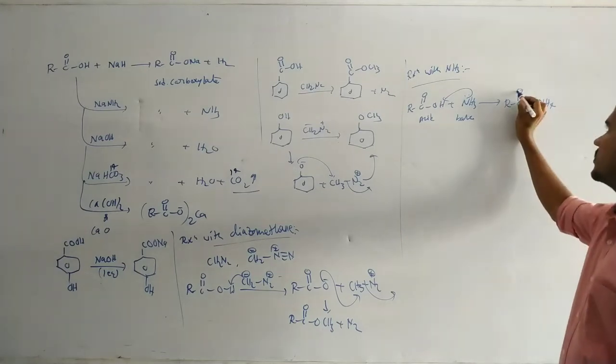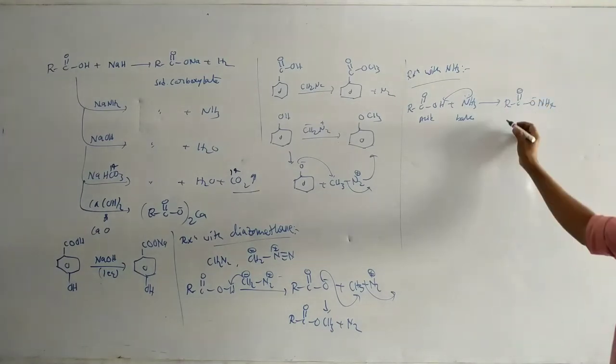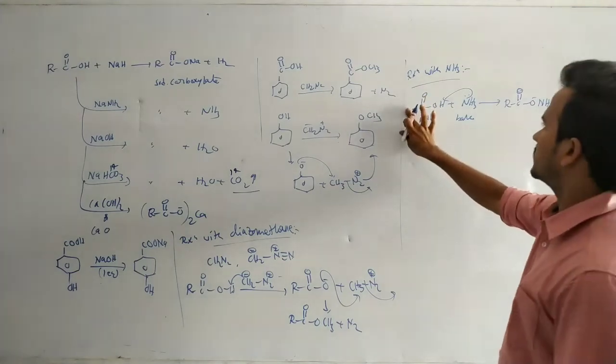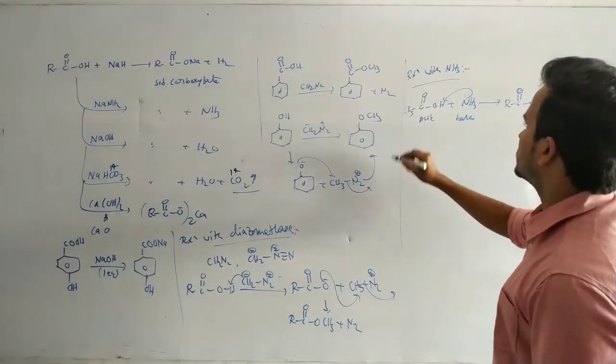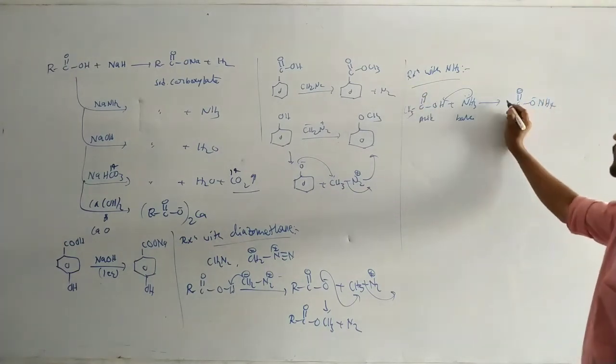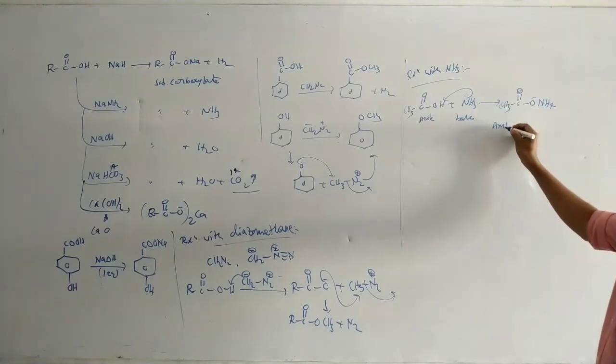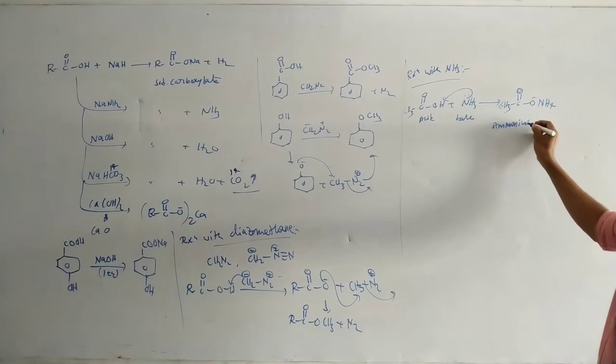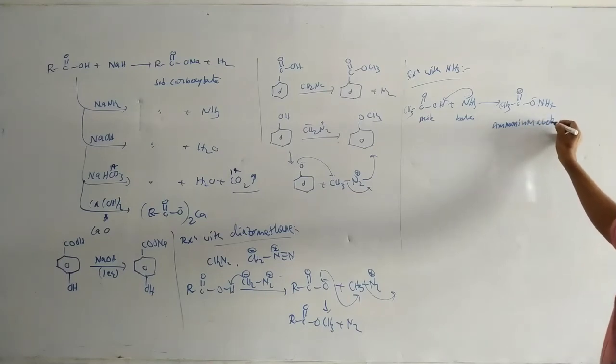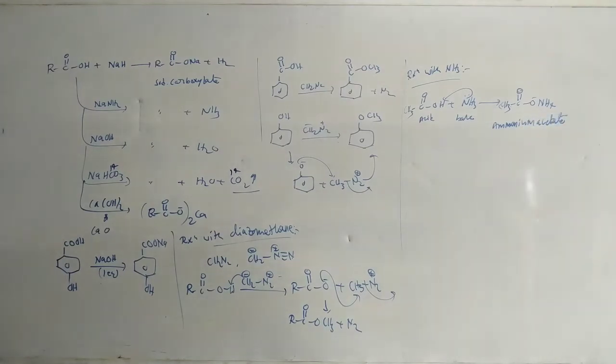Suppose it is acetic acid, then we get ammonium acetate. This is the ammonium acetate molecule.